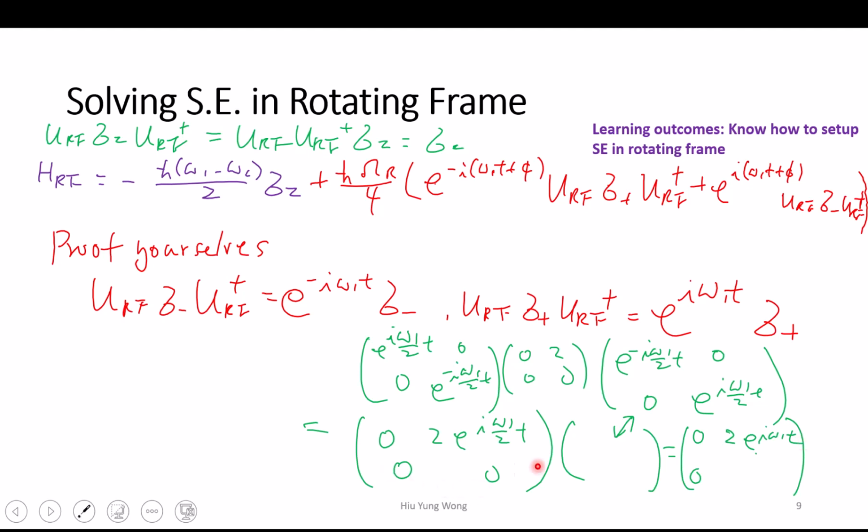This row is 0, so of course the rest will be 0. And what is this? Yeah, exactly. Just e to the power I omega 1t times sigma plus, correct? So here I prove what I said here. You can try this one, right? I'm able to do this.